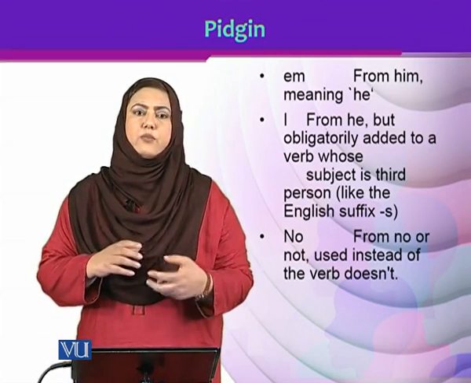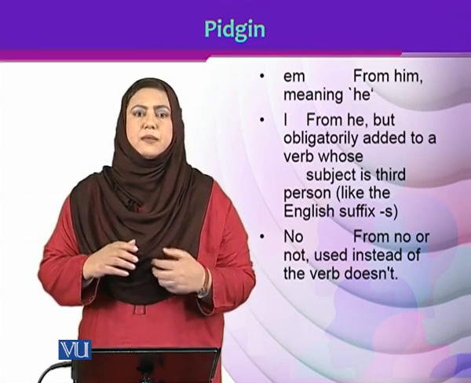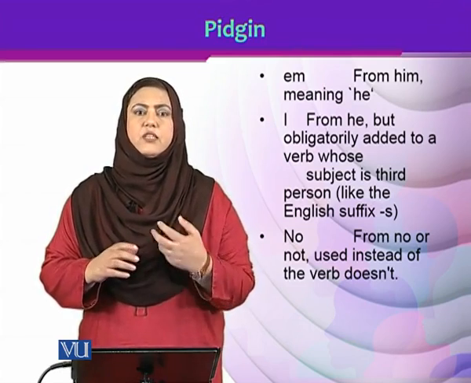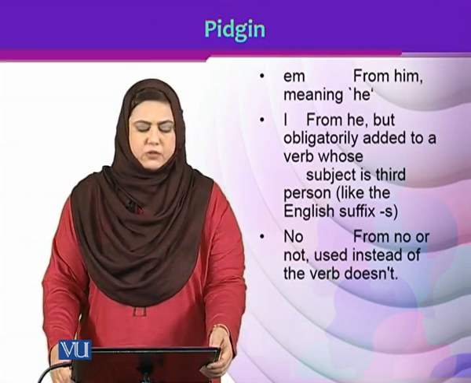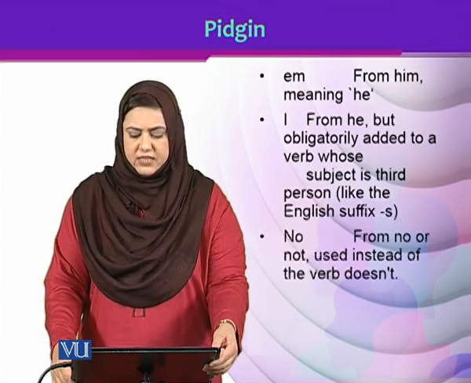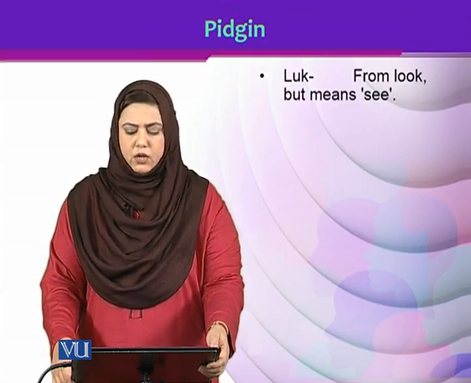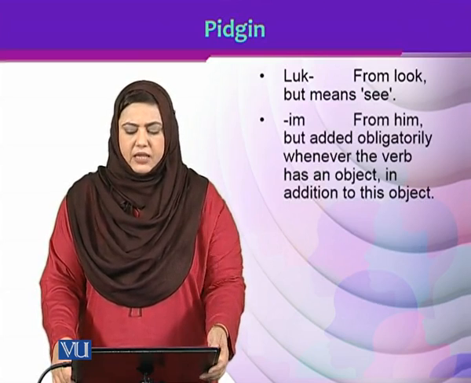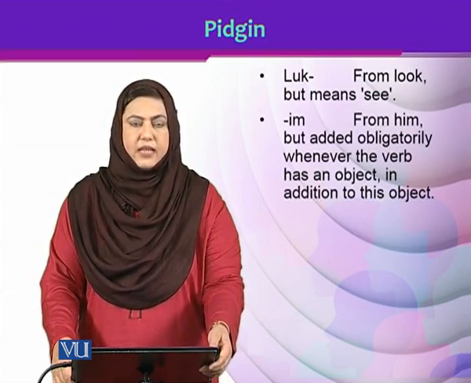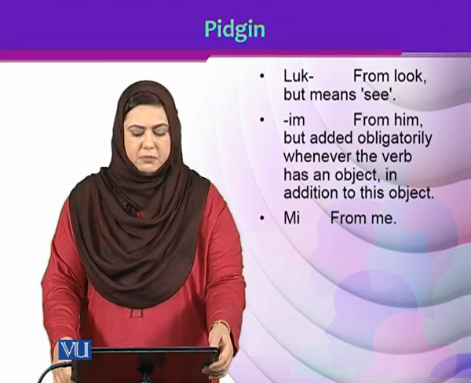Instead of the English adverbial, for example, by and by, simply bai is used. Instead of do not or does not, only no is used. And thus, through the processes of oversimplification, a pidgin is created. In the same way, luk is from look, which means to see. Im is from him. I think this we can guess easily. And mi is from me.